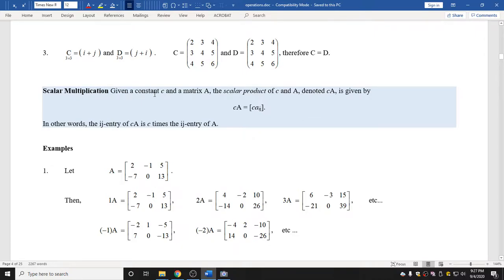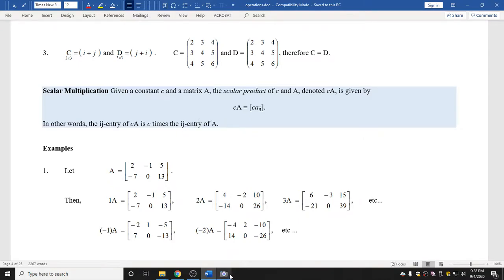So given a constant c and a matrix A, the scalar product of c and A is denoted by cA and is given by the formula: c times the matrix A is simply the matrix of entries that you obtain by multiplying c times each of the entries of the matrix. So c times Aij. In other words, the ij entry of cA is c times the ij entry of the matrix A.